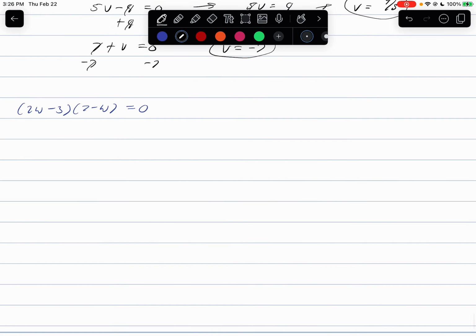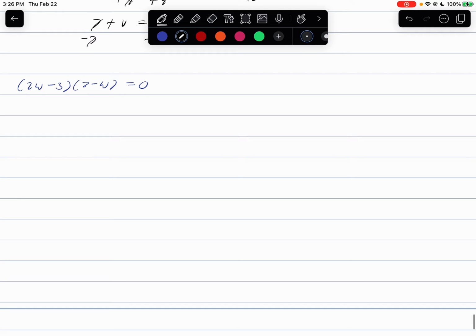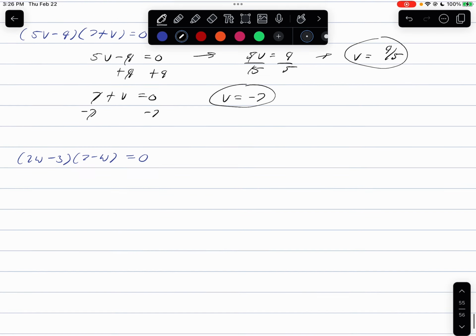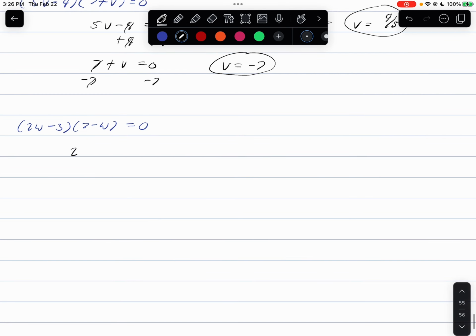Here we have 2w minus 3 times 7 minus w. Okay, so we'll look at the first one, 2w minus 3 is equal to 0. We can add 3 to both sides, and that's going to give us 2w is equal to 3. We can divide both sides by 2, and we get w is equal to 3/2.